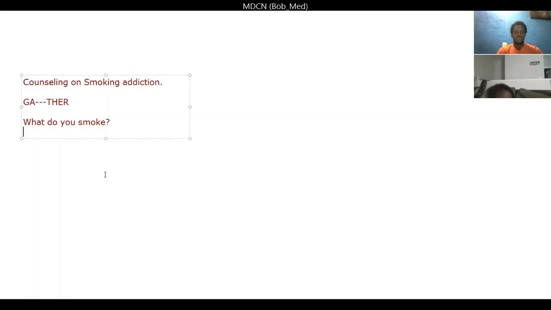Most likely the patient will be smoking cigarettes. So you want to ask, how many packs of cigarettes does the patient smoke? How many packs do you smoke per day? Okay.